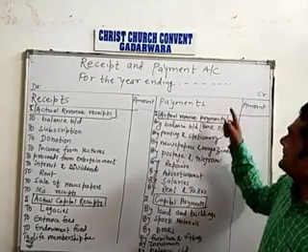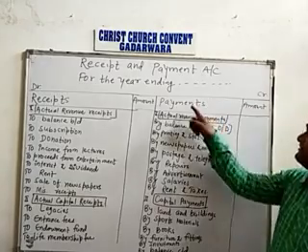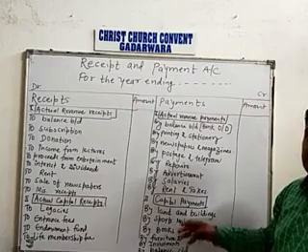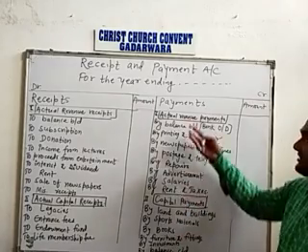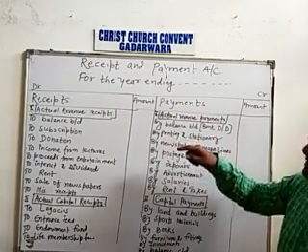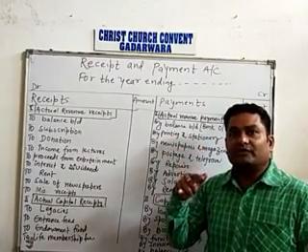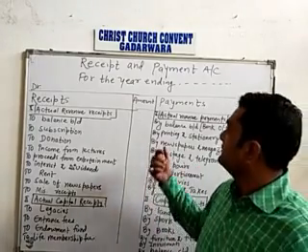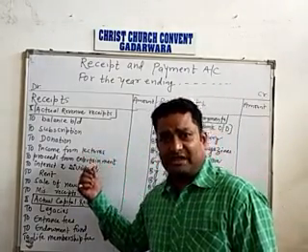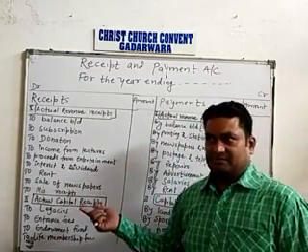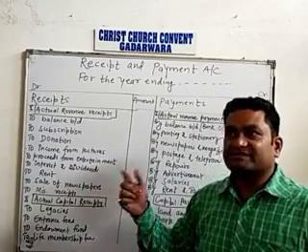Now the RHS, the credit side, payments. All the payments of the current year, previous year and next year are written here. First, revenue payments. In the previous video I told you, the receipt and payment account cannot have a credit balance because you cannot spend more than receipts.